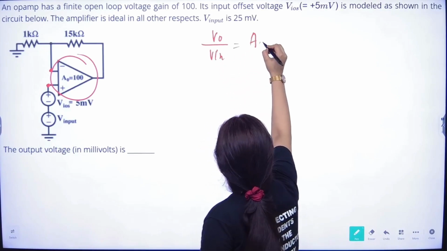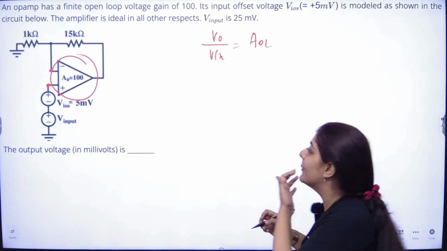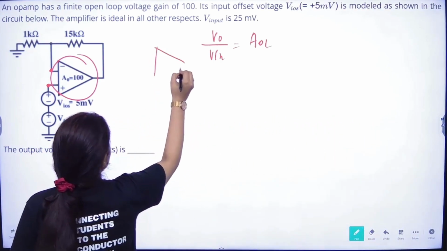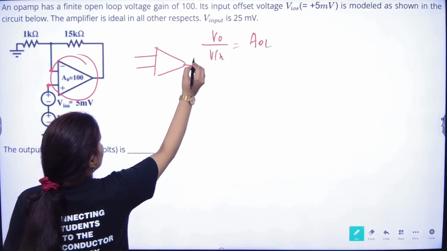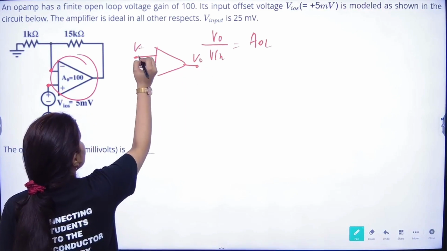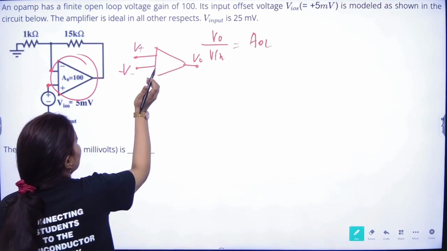If I am talking about the open loop gain, if I am just taking this op-amp, this is the output, this is the positive terminal and this is the negative terminal.